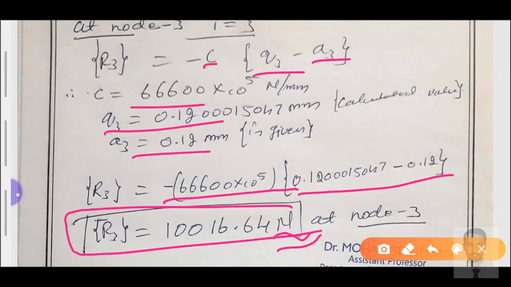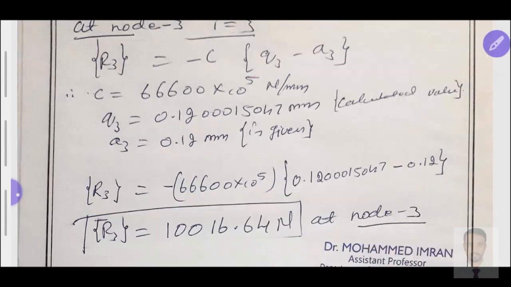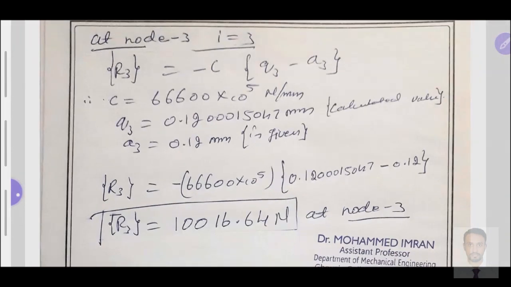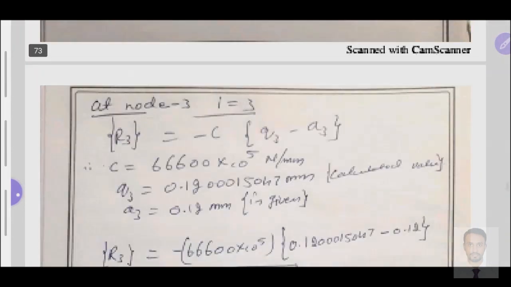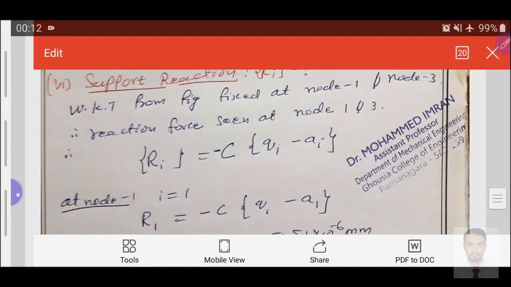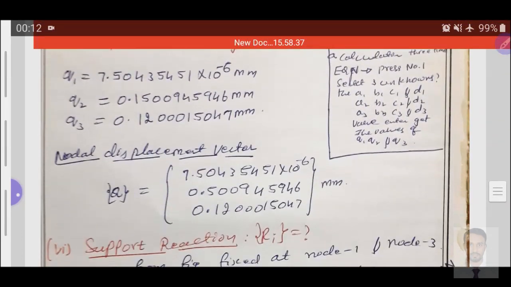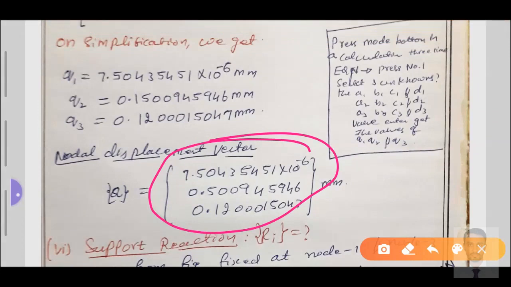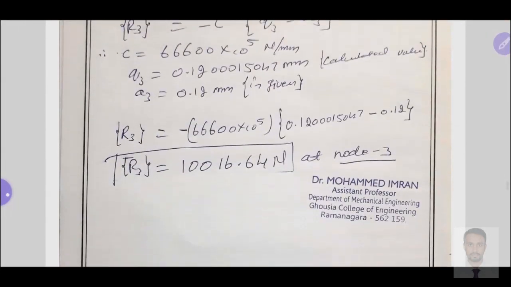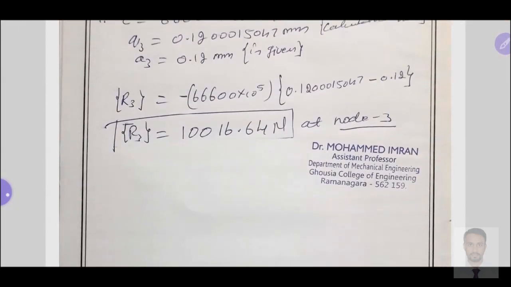It is approximately equal, both are equal. So either you use the penalty method or the elimination method, if you utilize the same values, you will get the same answer. You will get a more accurate result in the penalty method at the displacement part, right? Both combinations. That is the reason I have taken this to define the difference between the elimination method and the penalty method.